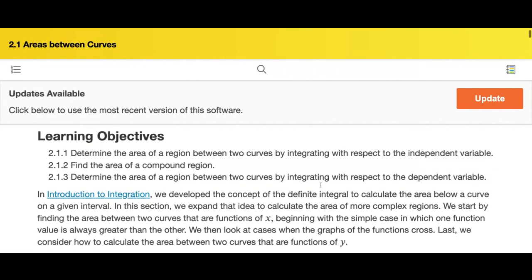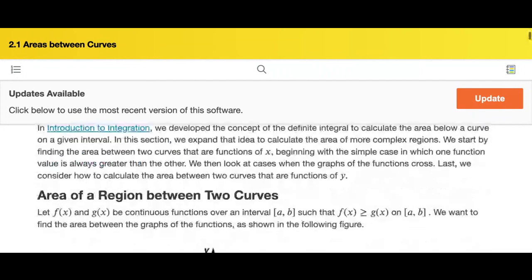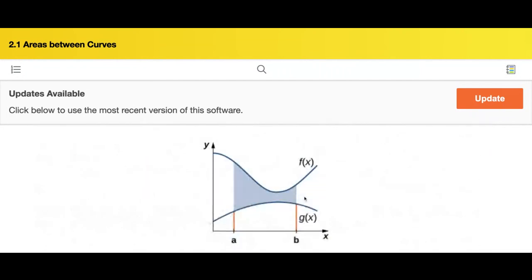Now what if we have an object with two sides being irregular, not straight, just like this shaded one? We want to find the area of this.